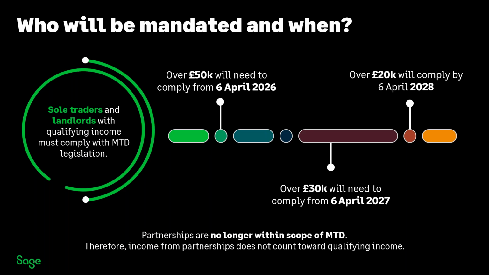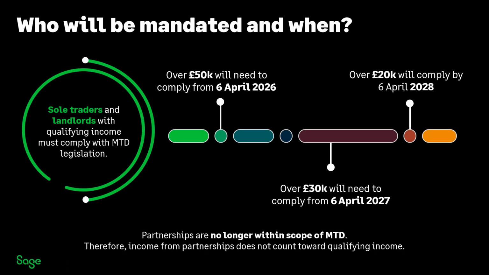So anyone earning over 50,000 a year before expenses will need to comply with MTD for income tax from 6th of April 2026. For those earning over 30,000 will need to comply by the 6th of April 2027, and then those earning over 20,000 by April 28.